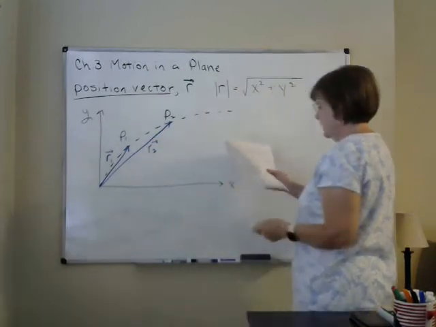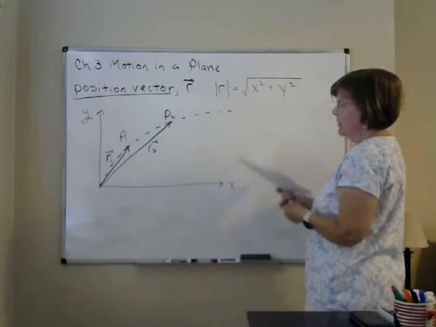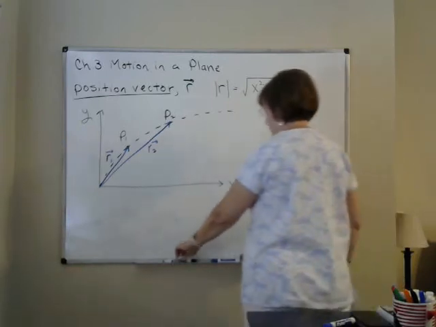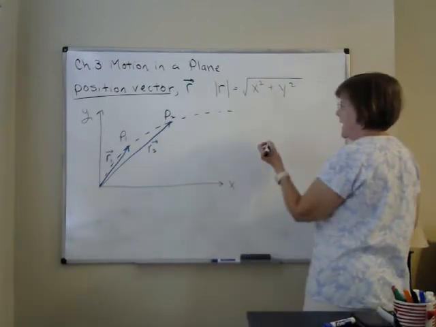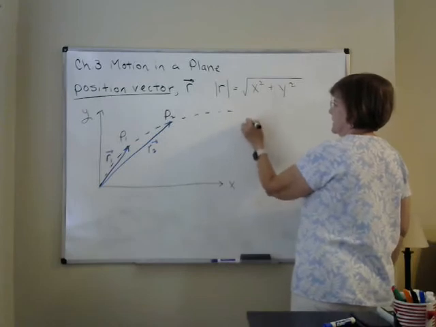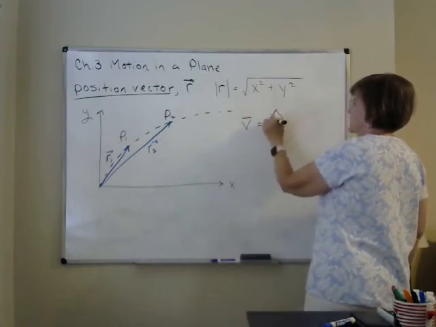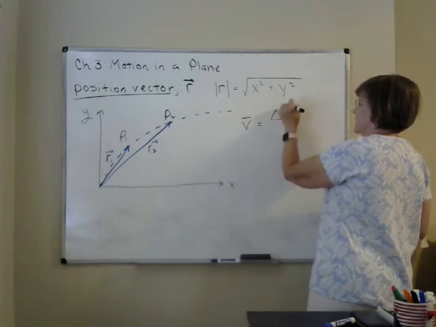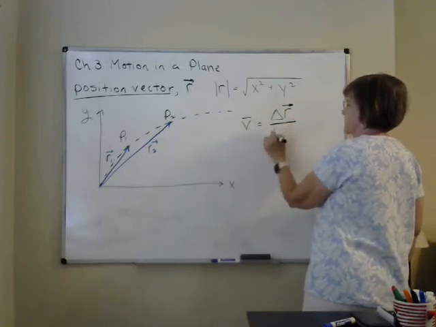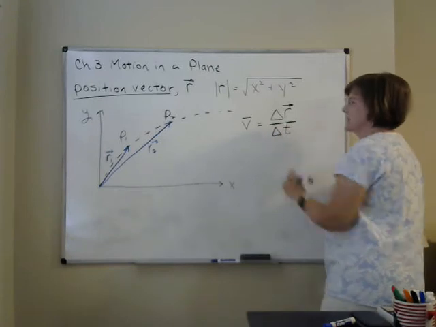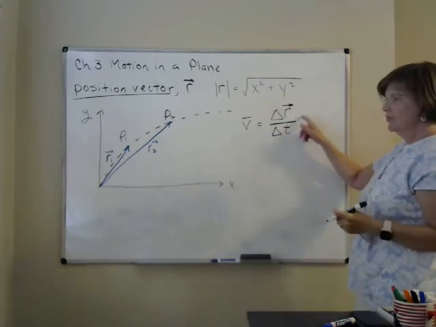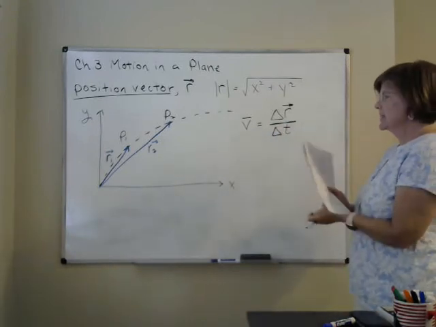Now, if I want to talk about an average velocity, I know that the average velocity is the displacement divided by the time interval. And you remember, displacement is your change in position. I'm going to draw the displacement in a different color.